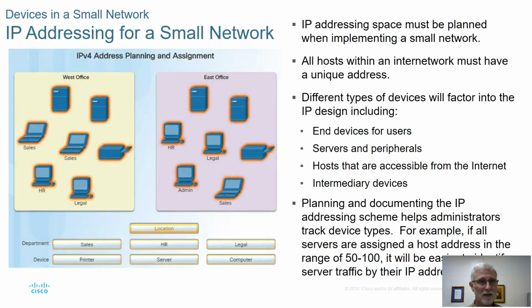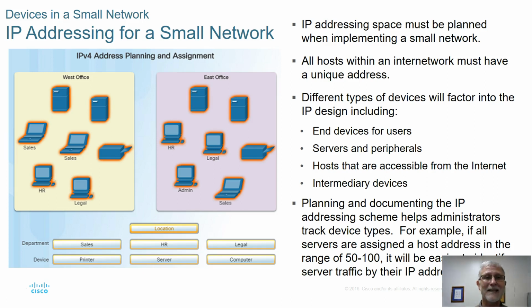So all of those things can come into play. Now, the one thing I know you guys hated was the IPv4 address designing a network. But guess what? Since every device in your office needs to have an IP address, you need to design that. So you need to understand the types of end devices, what servers are going to be there, what peripheral devices are going to be there.